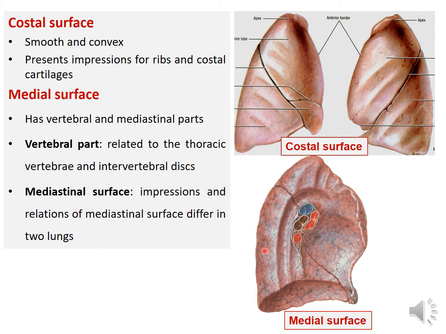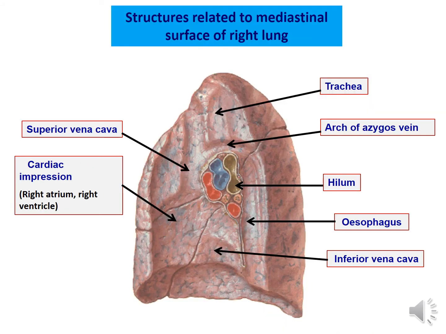So the posterior vertebral part, as the name suggests, is related to vertebrae and intervertebral discs, whereas the mediastinal surface is related to various mediastinal structures. And also here you can see the positioning of the hilum within the mediastinal surface. We will talk in detail regarding the mediastinal surface in the coming slide.